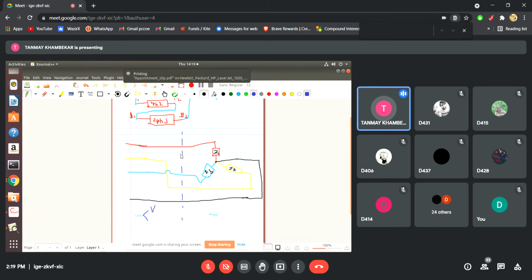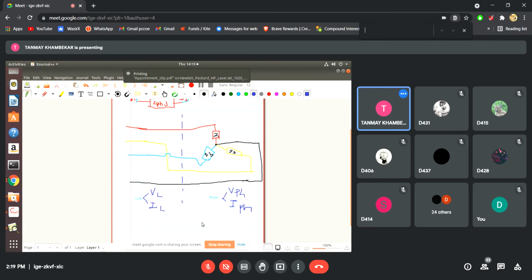This voltage is called line voltage, this current is called line current, this voltage is called phase voltage, and this current is called phase current. So this is the line side and this is the phase side. There are four terms. Four terms are clear?